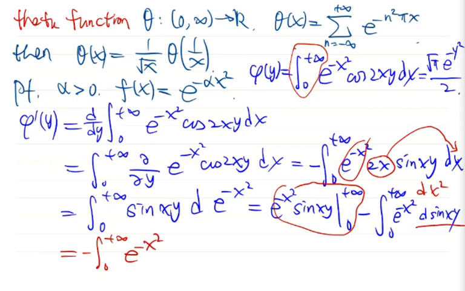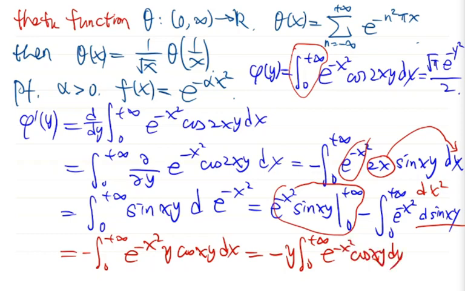So the result is equal to minus the integral from 0 to positive infinity of exponential of minus x squared d sine xy. What is d sine xy? d sine xy is y cosine xy dx. Then we obtain minus y times the integral from 0 to positive infinity of exponential minus x squared cosine xy dx. That is minus y phi y.